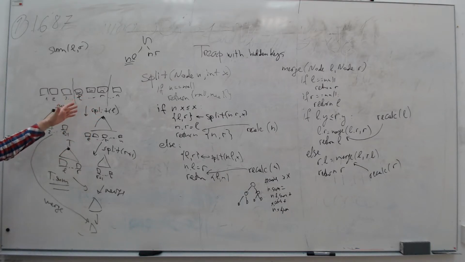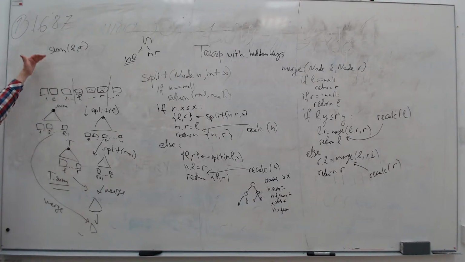By the way, what is the complexity of this algorithm? Of one query, sum LR. What is the complexity of sum LR? You already have this tree.